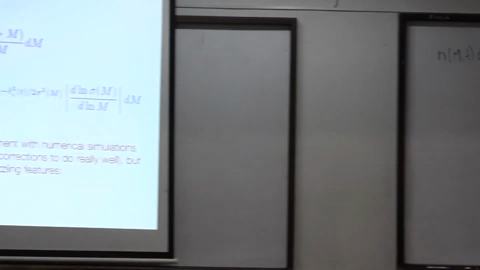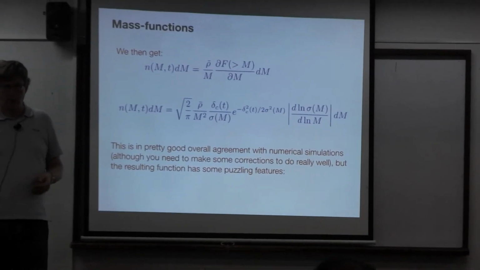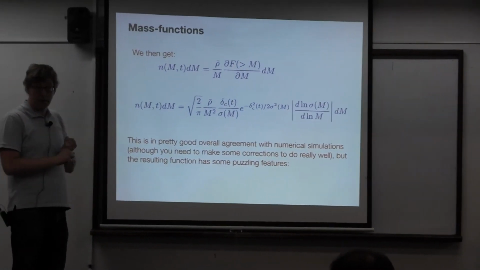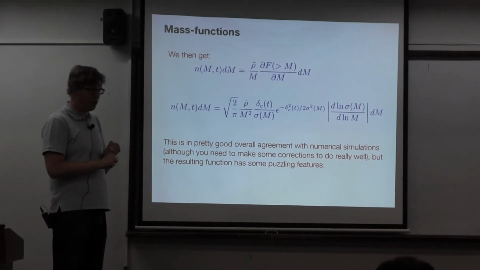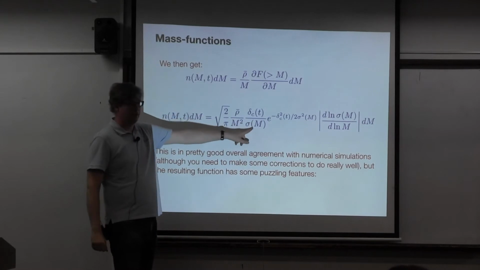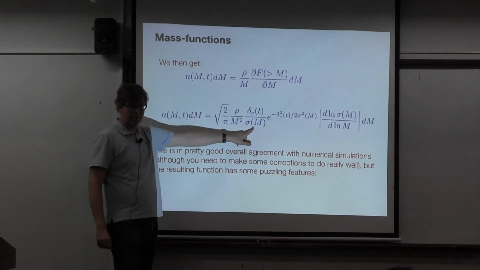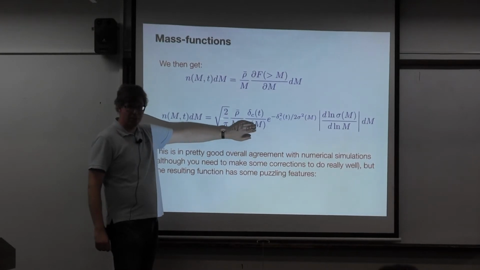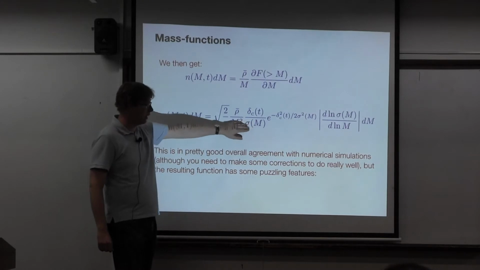So that function is now based only on our understanding of the dark matter density structure, its Gaussian behavior. We know how to calculate this sigma, because I went over that earlier. If the power spectrum is a power law, you can put that in here, and you can get an estimate for sigma of m.